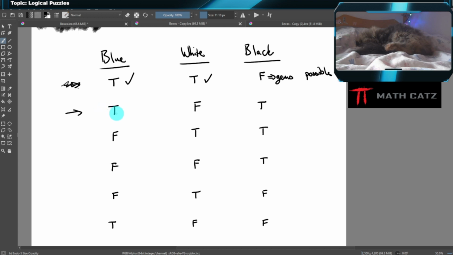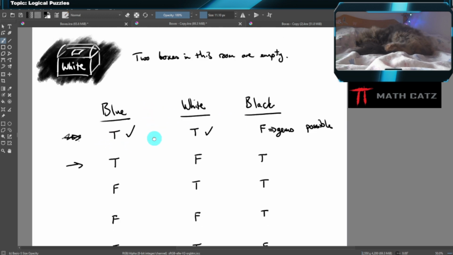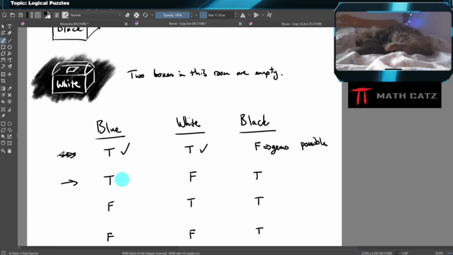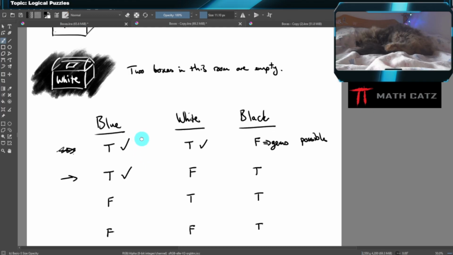So now we're going to the second row. Blue says, there are 3 boxes in this room. That checks out. That is consistent with how it's supposed to behave under my assumption of this row. It is true. White is next.